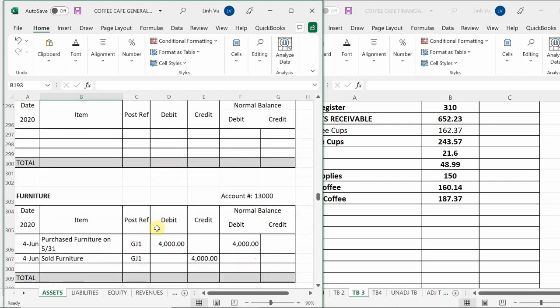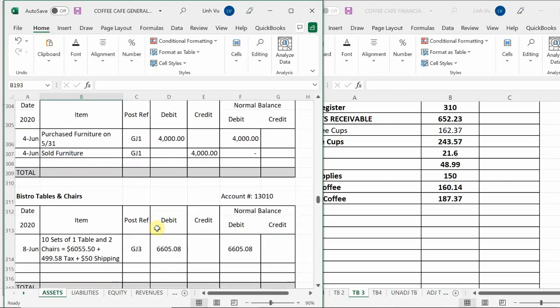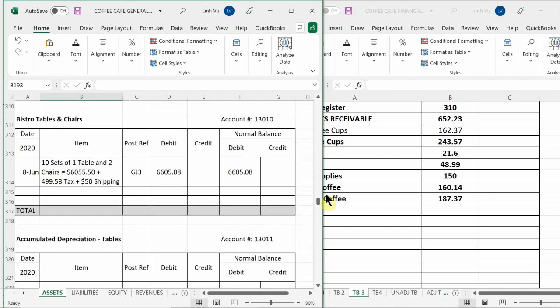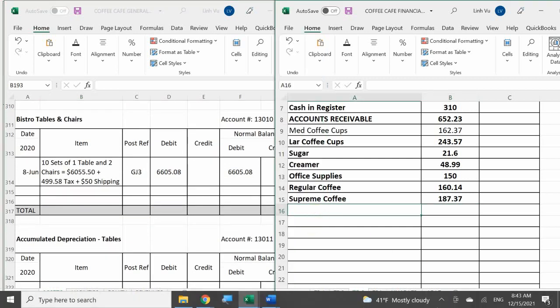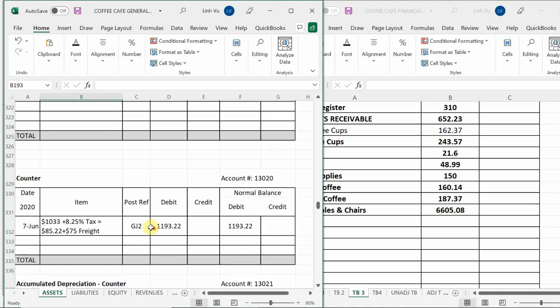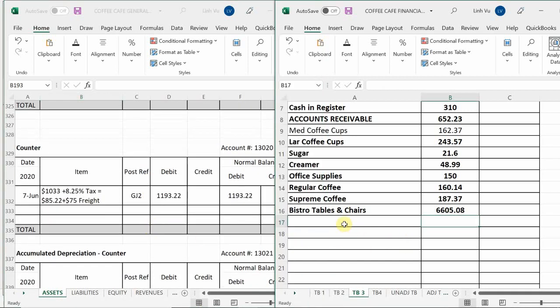No ceramic coffee mugs yet. Furniture, nothing. Tables and chairs, 6,605.08. Counter, 1,193.22.